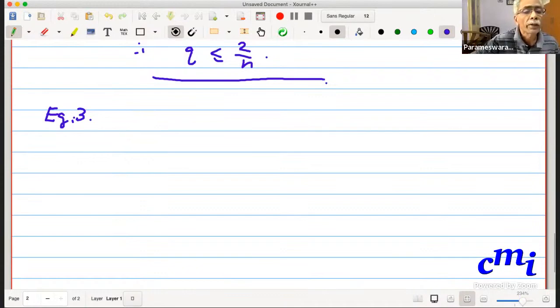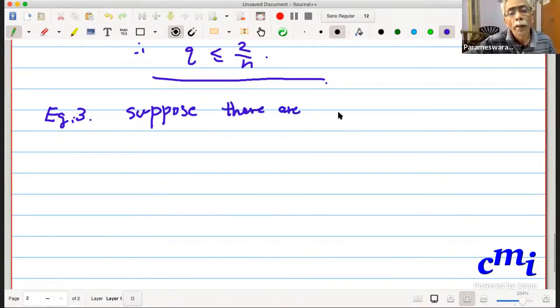It takes a long time to write the question, but nevertheless, I must. Suppose that there are n particles. You can think of them as either n balls or n letters to be delivered to some number of mailboxes and so on.